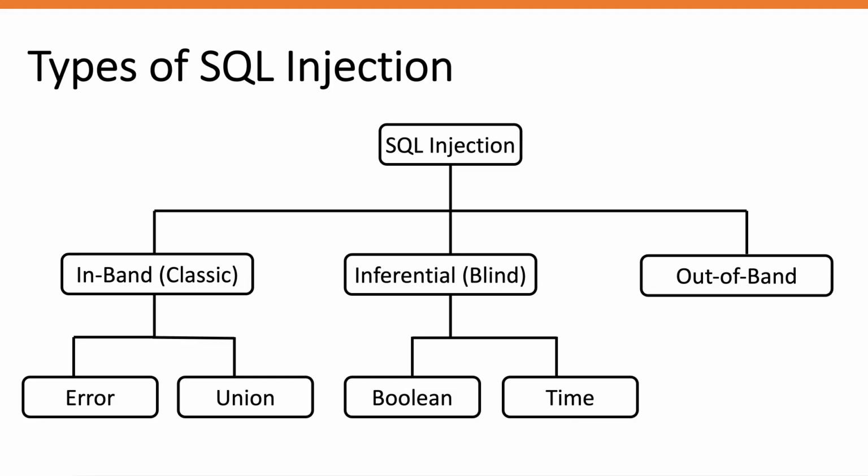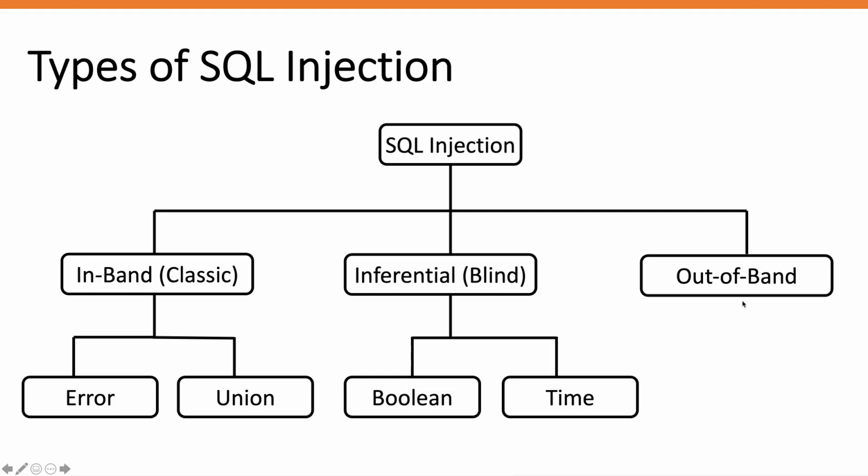Obviously, the way you exploit blind SQL injections is more difficult than classic SQL injections. However, even if you're not seeing the results right away in your application, the impact of exploiting the vulnerability is still as bad as in-band or classic SQL injection. And we'll see examples of that in a bit.